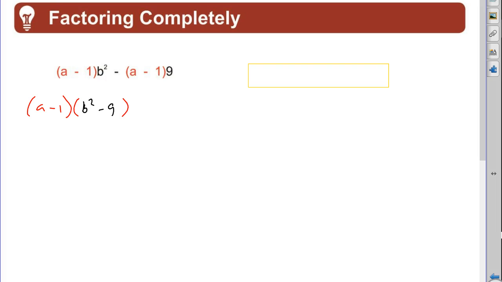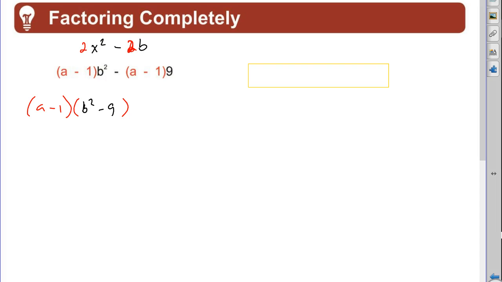Now I know that's a little abstract, so let me show you something that would make a little bit more sense to you. If I had 2x squared minus 6, do you see how I could take out the common 2? Well, let's make it a little bit more realistic, and let's make this a negative 2b.